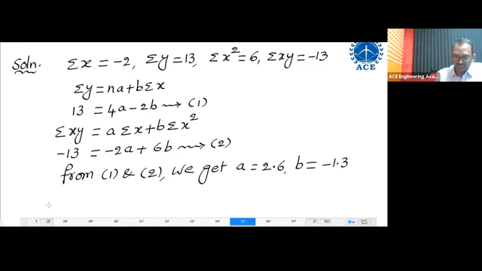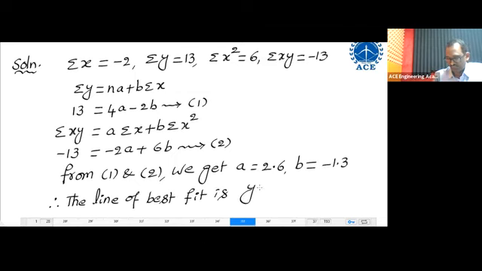So therefore, the line of best fit is y is equal to a plus bx. A value 2.6, b value minus 1.3. So 2.6 minus 1.3 into x.